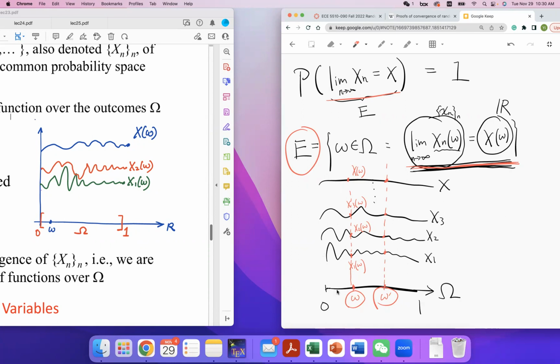No matter which omega, maybe in this part the random variables are more flat and will converge to X quickly.